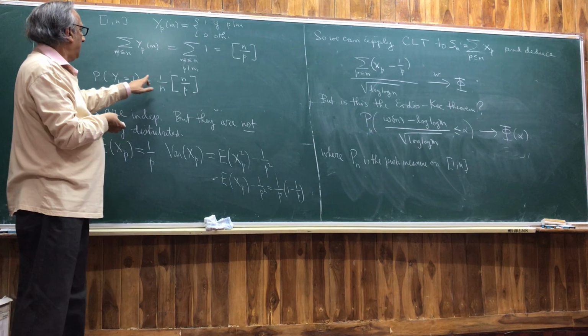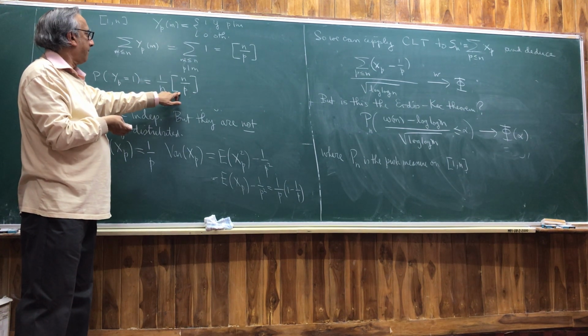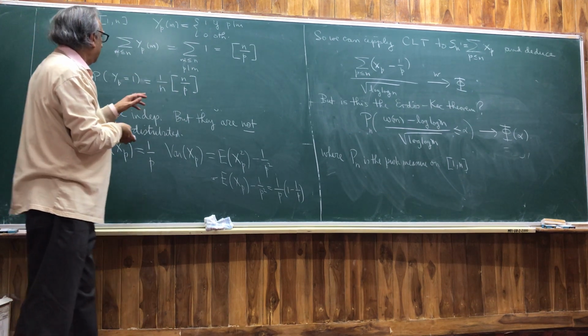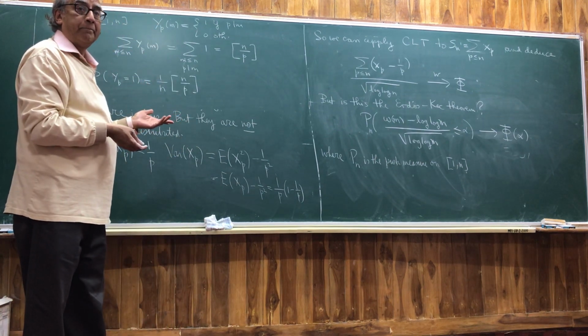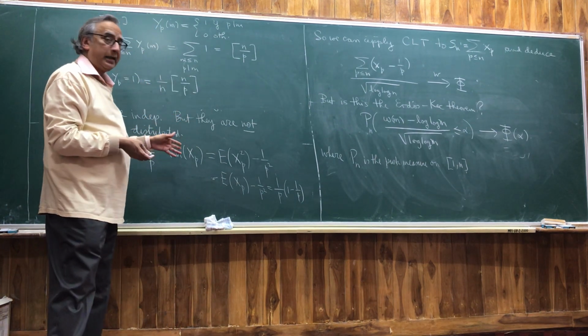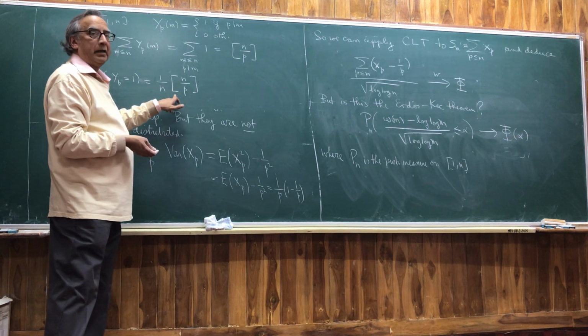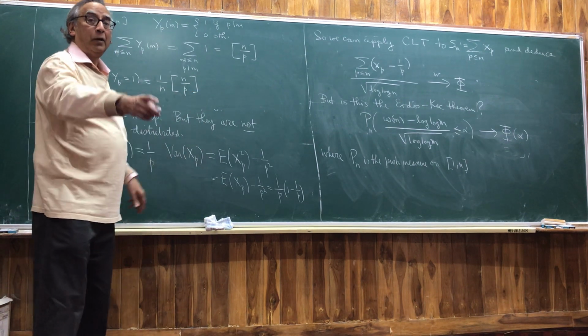Y_p equals 1 over n, times [n over p]. If I didn't have the square brackets, it's 1 over p, which is imitating X_p. But Y_p doesn't quite imitate X_p. It imitates X_p with an error term of 1 over n.